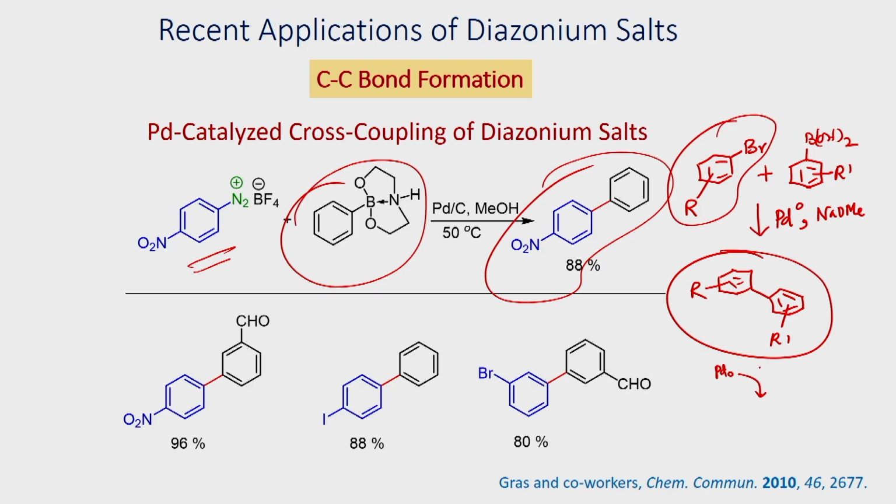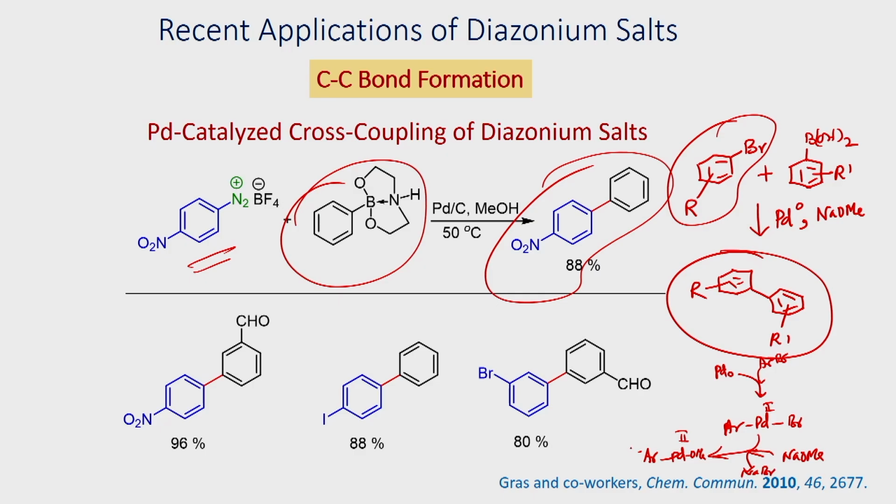Now let me write here like this, ArBr. Once you have this one and the palladium 0 is involved, it undergoes oxidative addition, you now will have this palladium 2, which further reacts with the base. For example, if you use sodium methoxide, you will end up with this, and you will lose sodium bromide.